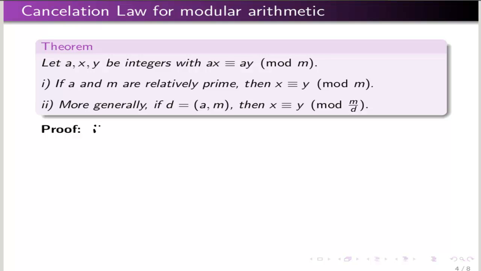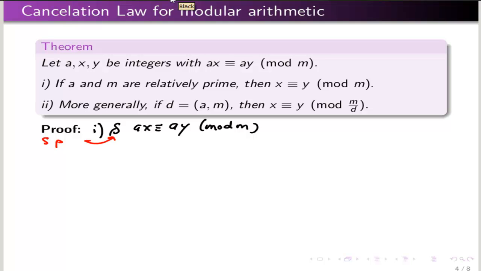Okay, start with part 1. So suppose ax is congruent to ay mod m. I think you've caught on to my little symbol here. That's an S and a P put together for suppose. Then what can we say?